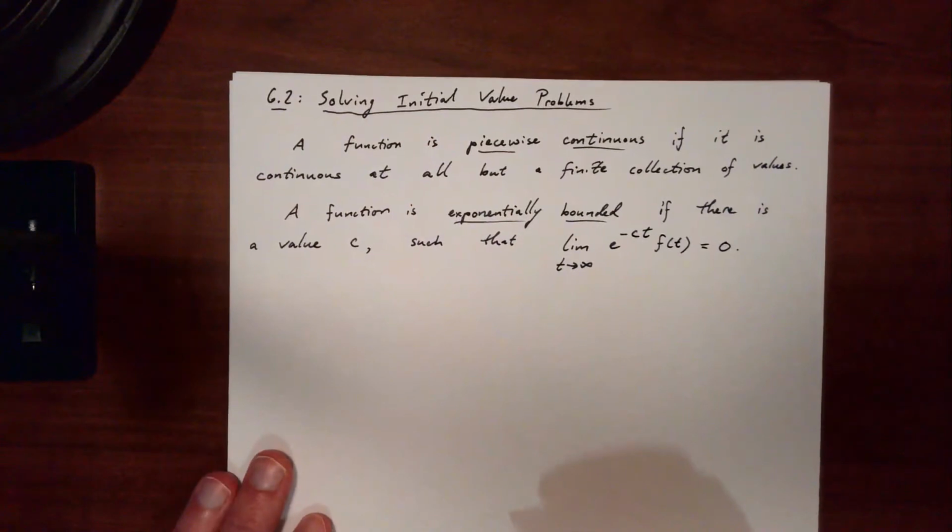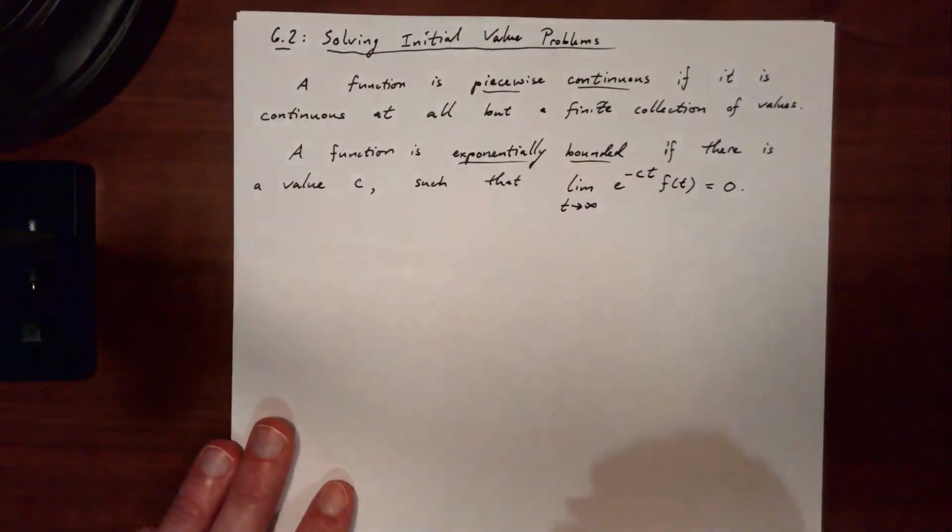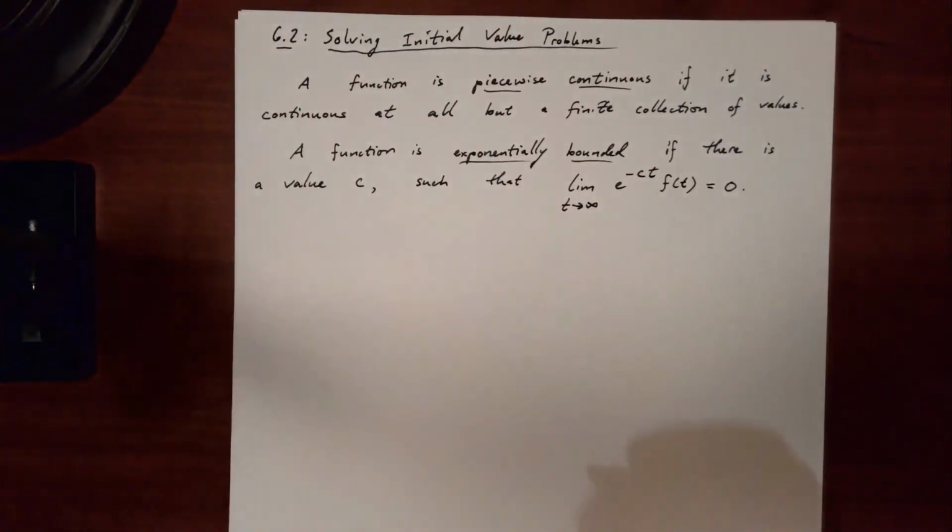So exponentially bounded means that essentially this function is not going to end up being in the long run bigger than any exponential function.